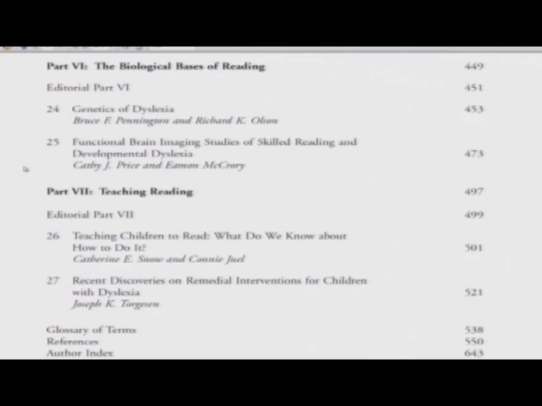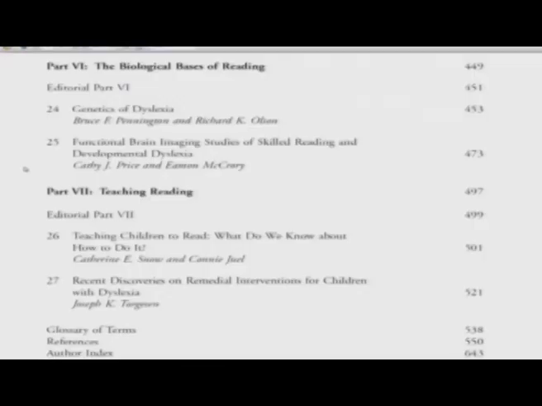Let us imagine you are a teacher and you are looking for some information on how to teach reading. So, you find this book and you now have to decide whether to go through this book or not.